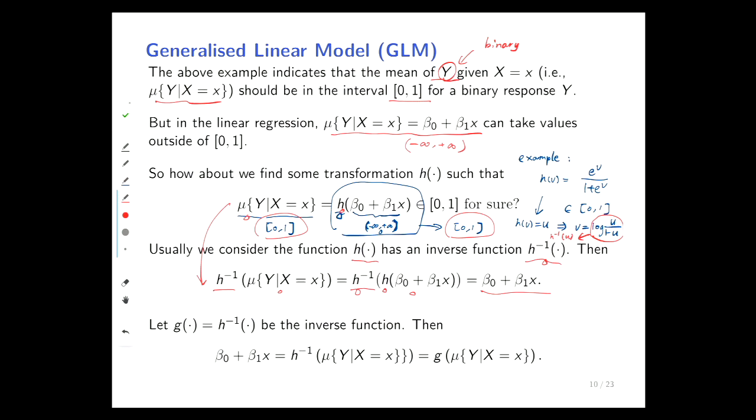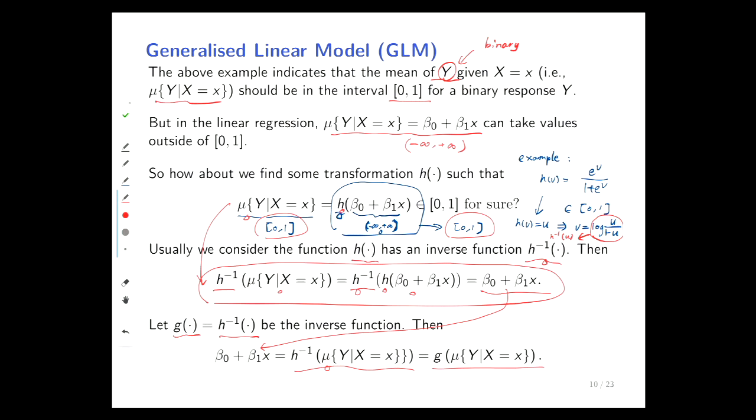If we write the g function as this inverse function, we can rewrite this equation: beta 0 plus beta 1 x equals h inverse of the mean of response, which equals the g function of the mean of response.